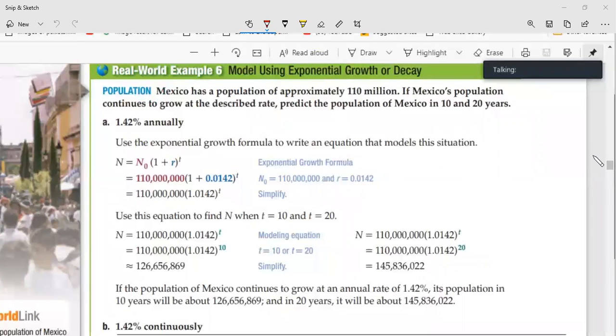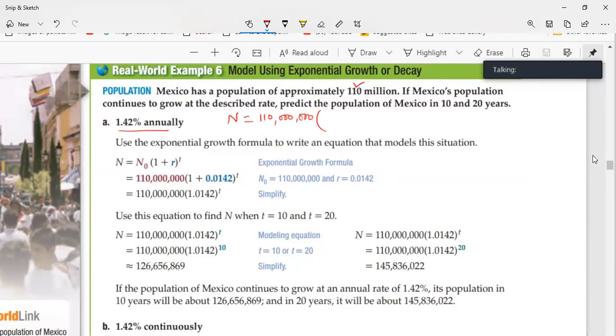So there are two questions. First, it is compounded annually. So N is equal to N0. I told you N0 is 110 millions, which means 6 zeros. Millions will have 6 zeros.